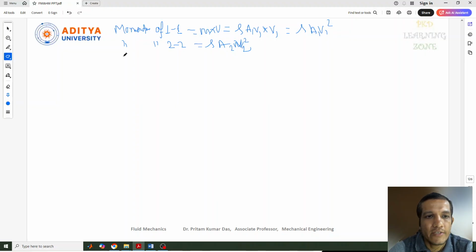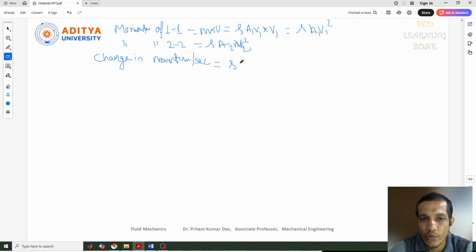Now this is the momentum at section 1 and at section 2. Then what about the change in momentum? The change in momentum of the liquid per second is this equation minus this.